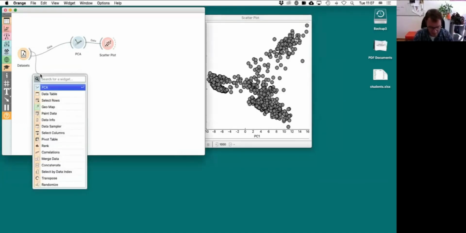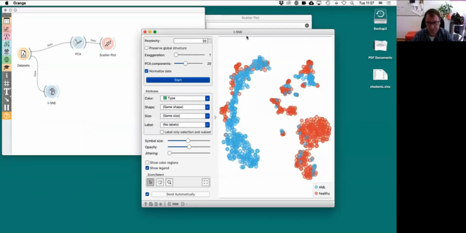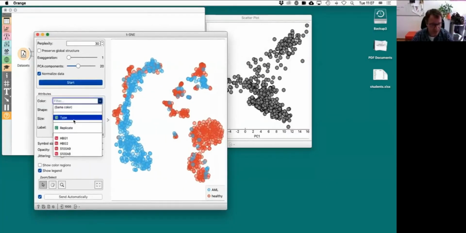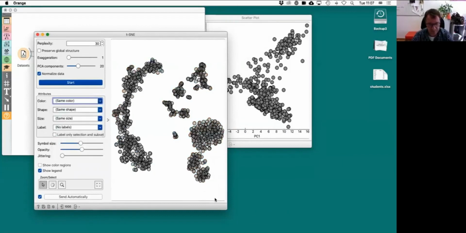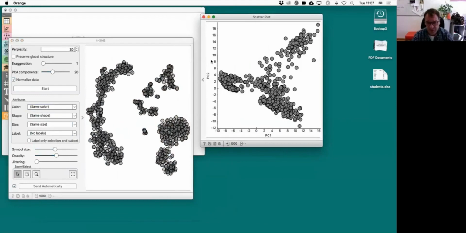Look at the t-SNE now. So t-SNE takes a while. It's a slower method. Okay, I'm going to remove color. This is a completely different picture, right?